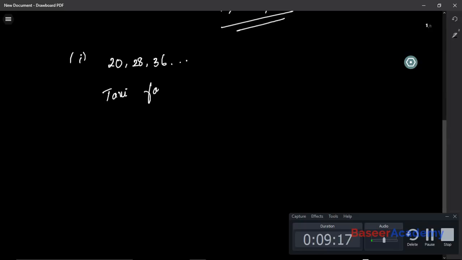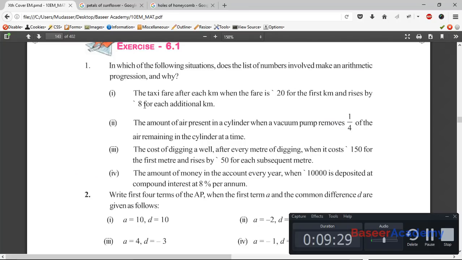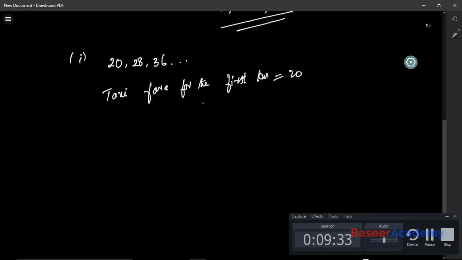Taxi fare for the first kilometer is 20 rupees, and in the question it is given that the taxi fare rises by 8 rupees for each additional kilometer, which means the taxi fare for the second kilometer should be 20 plus 8, 28.